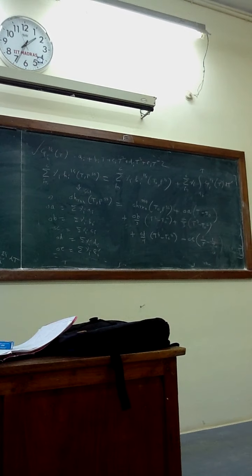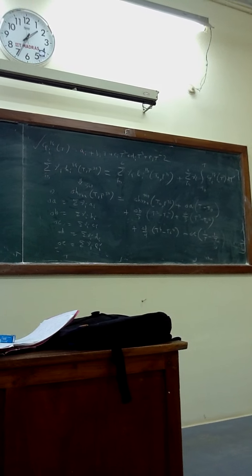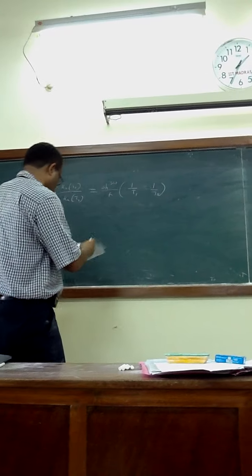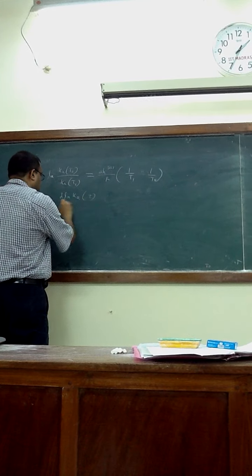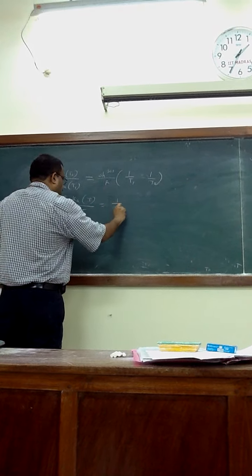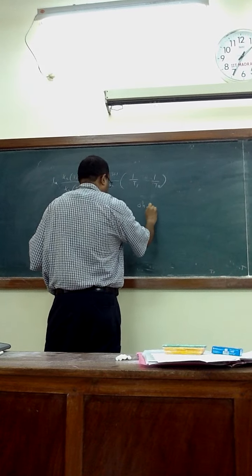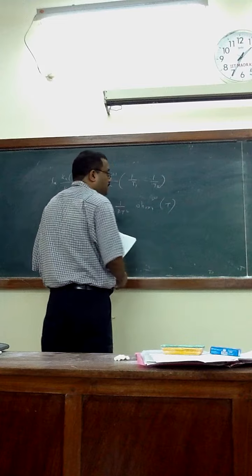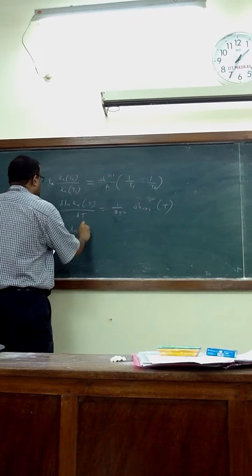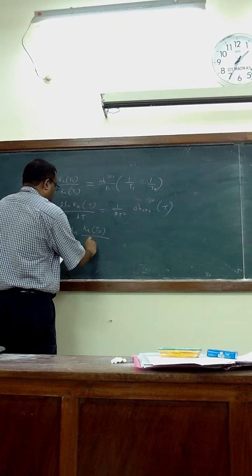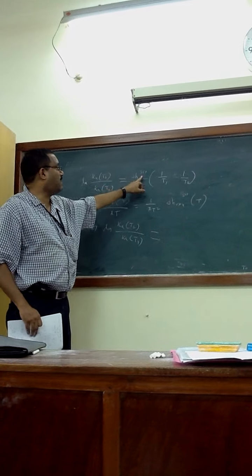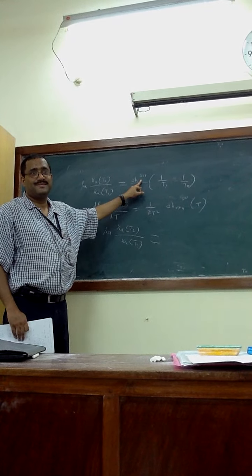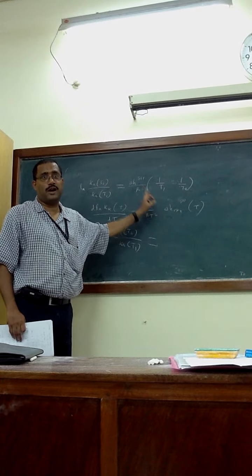Coming back here, d ln K by dT is 1 by RT square times delta H reaction SS1 at T. So now you can see ln K at T2 by K at T1. We cannot write simply like this because it is assumed delta H was constant. Now delta H is a function of temperature, so we cannot write like this.